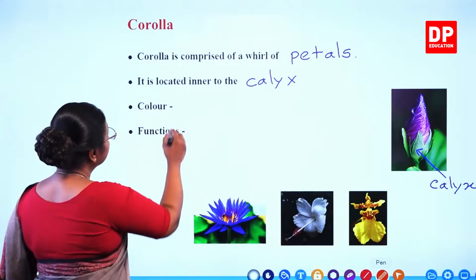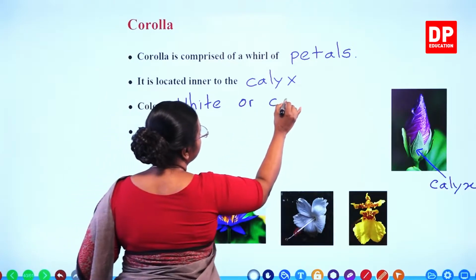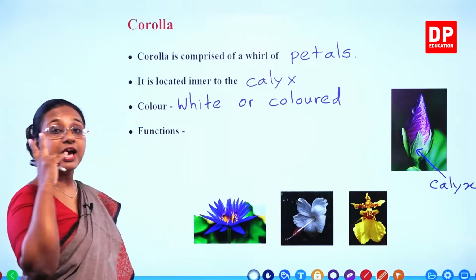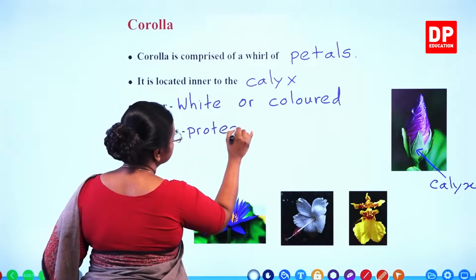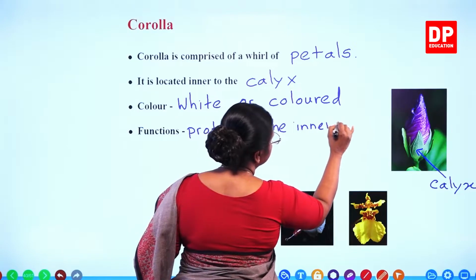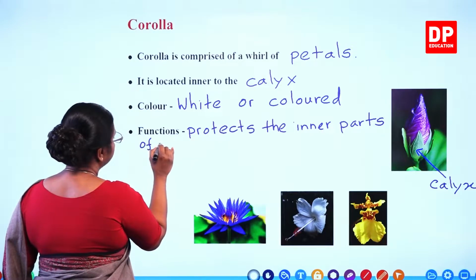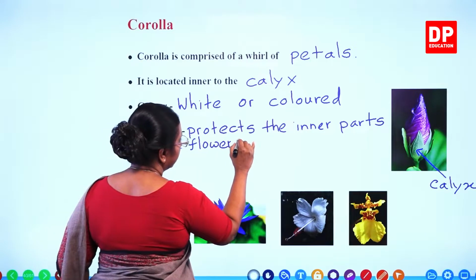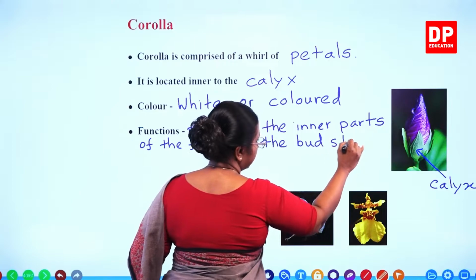If we look at the color, it can be white or colored. And also there are two functions. Protects the inner parts of the flower in the bud stage.